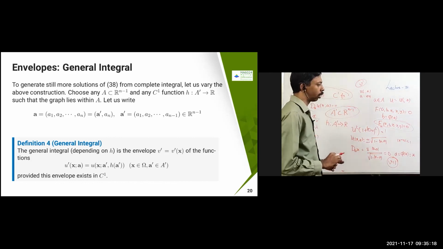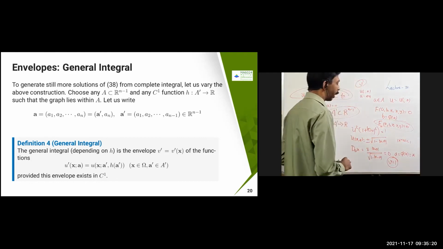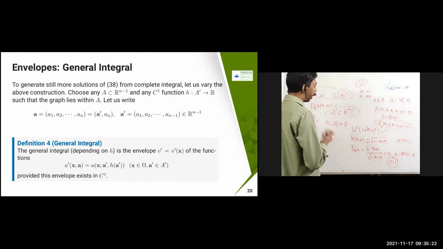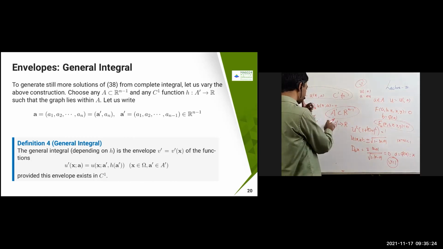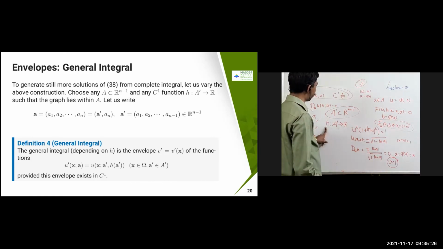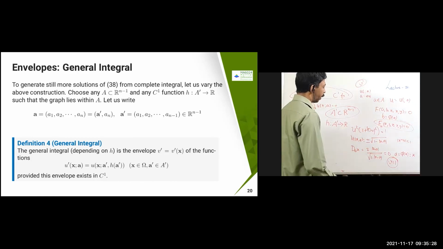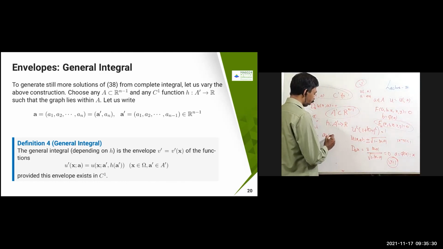Then choose a graph that lies within A, where A is a subset of R power n. Then a is equal to a1, a2, etc., an. I'm going to choose it as a dash comma an, because A dash is a subset of R power n minus 1.